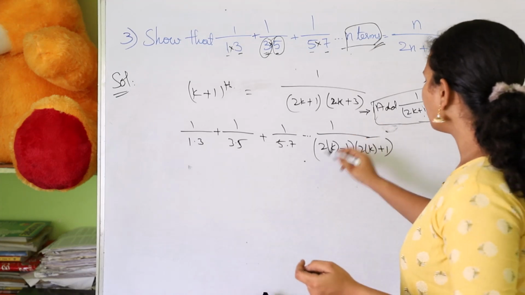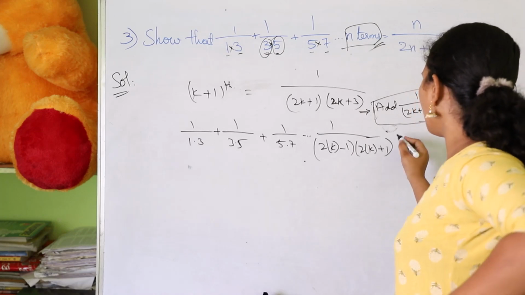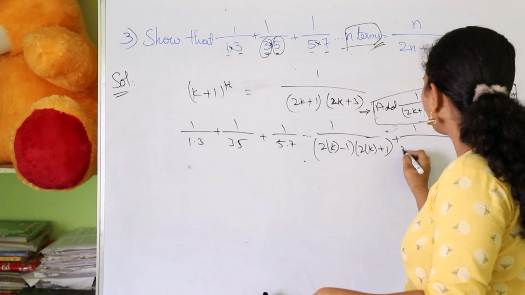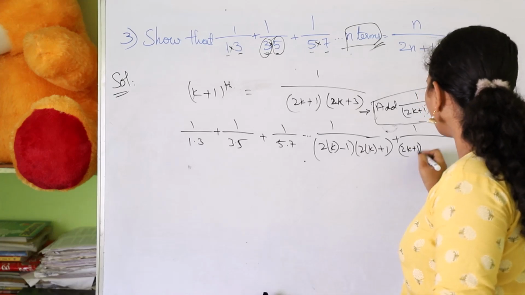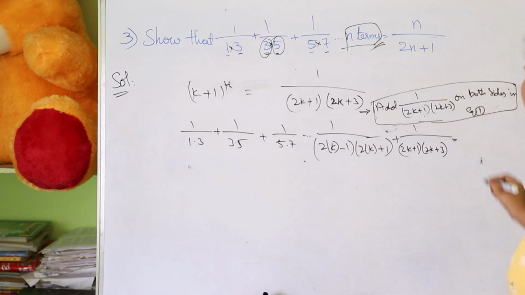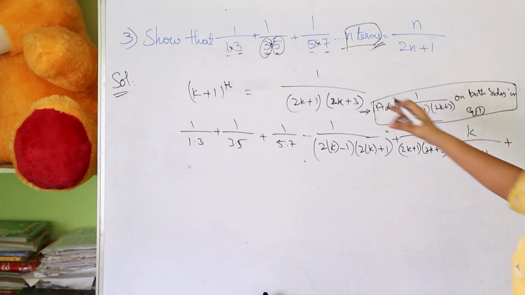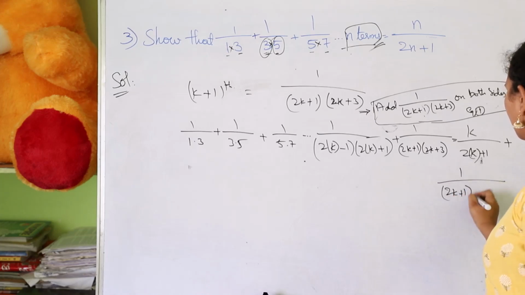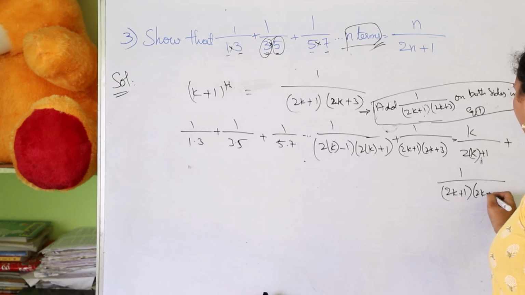So this is equal to 1 by 2k minus 1 into 2k plus 1, plus, as I said, add 1 by 2k plus 1 into 2k plus 3. This is equal to k by 2k plus 1 plus 1 by 2k plus 1 into 2k plus 3.